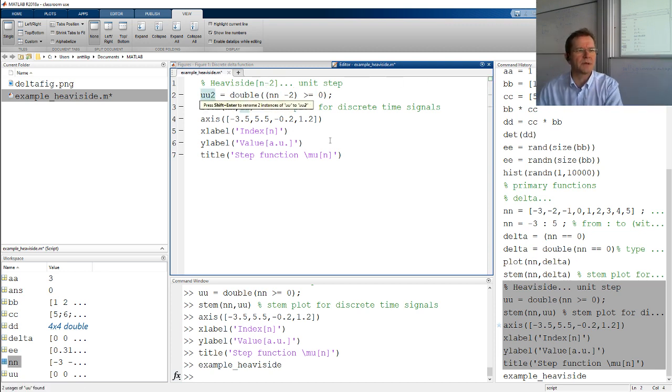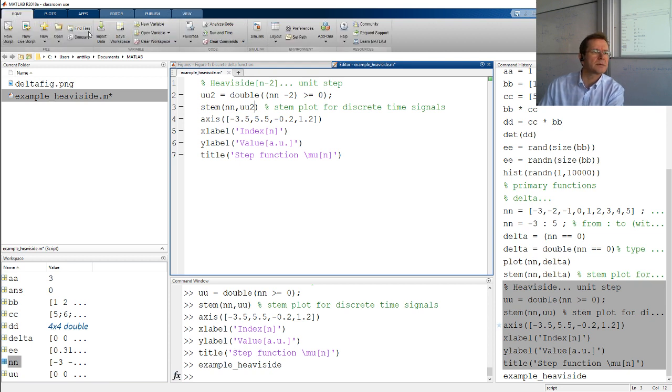Let's rename that one UU2. And same UU2. You just edit that file and then just run it. See where is save.